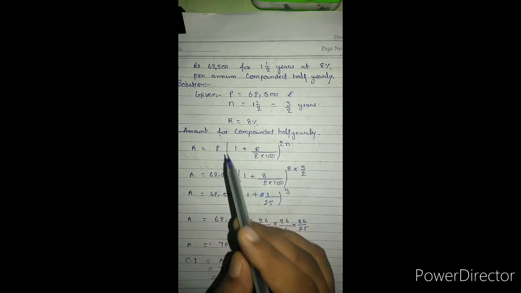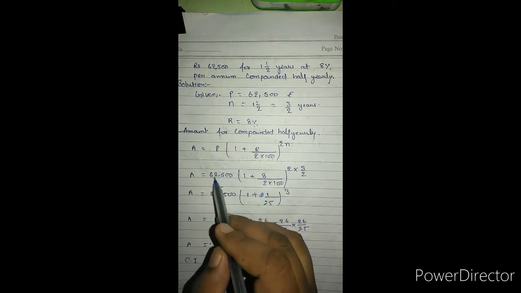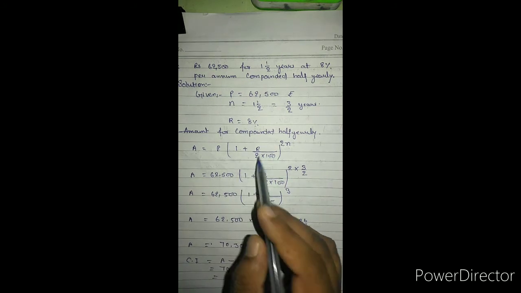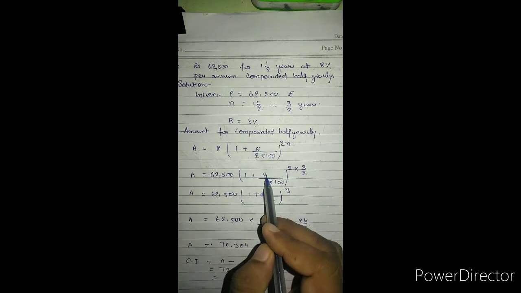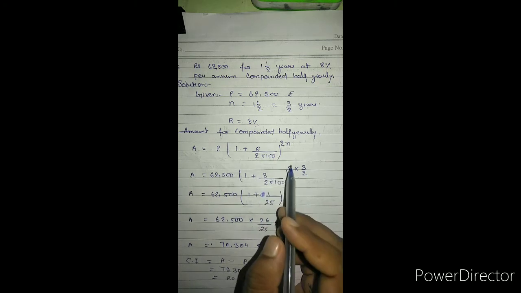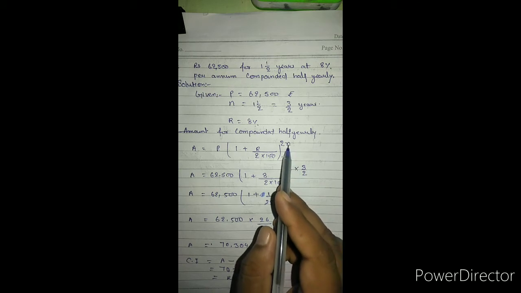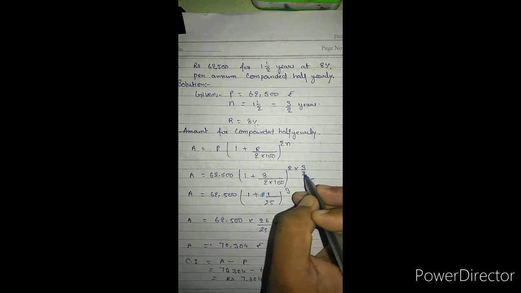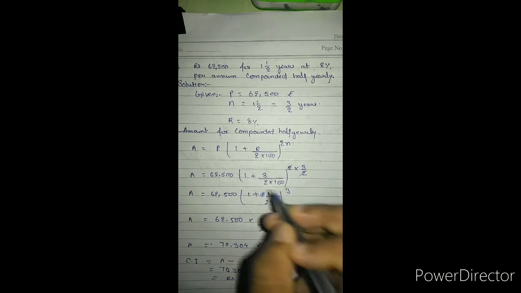In place of P, we write here 62,500 rupees into (1 plus 8 by 2 into 100) to the power 2 into the value of n, which is 3 by 2. Now cancel this 2 and 2.